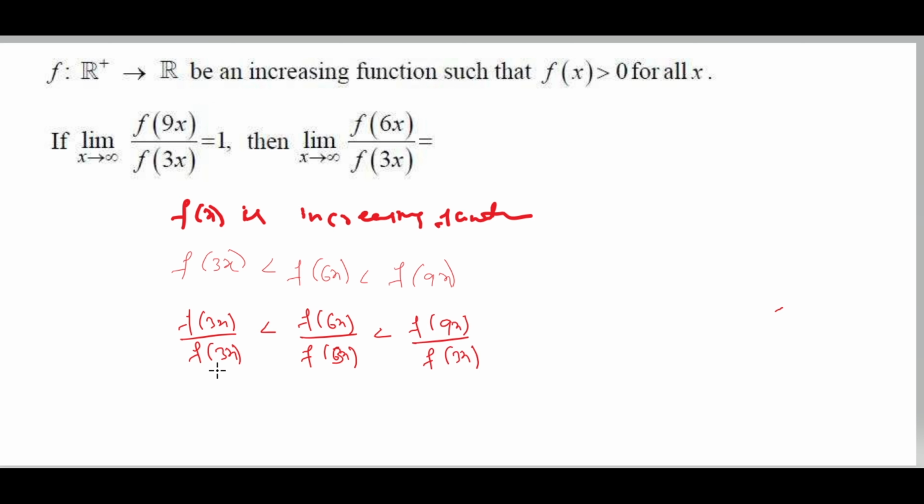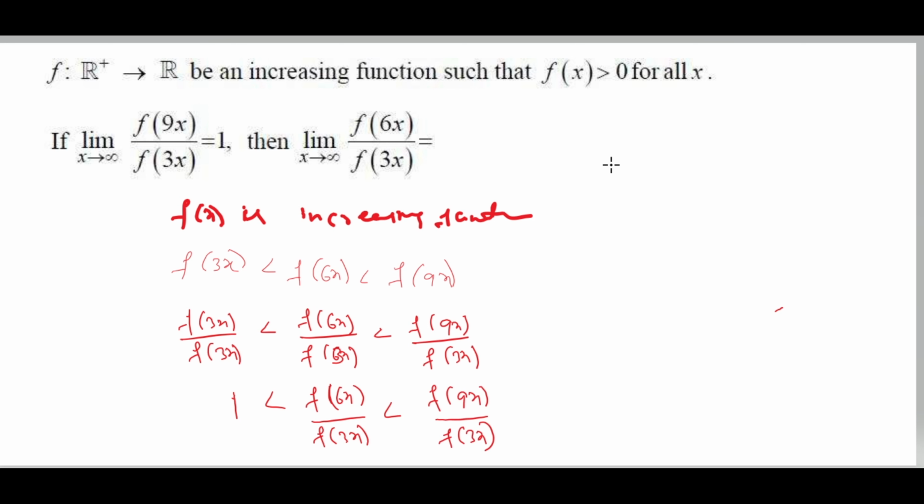So here f(3x) by f(3x) value is 1, that is 1 is less than f(6x) by f(3x), which is less than f(9x) by f(3x).